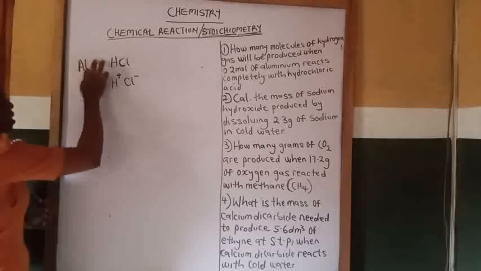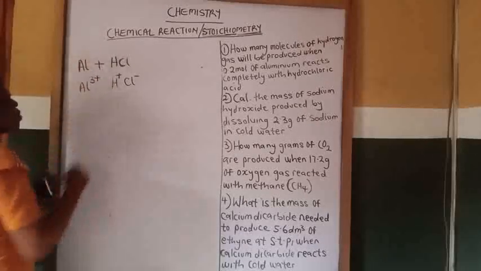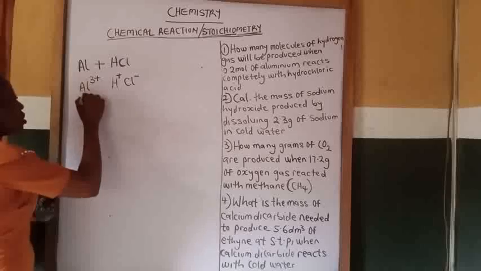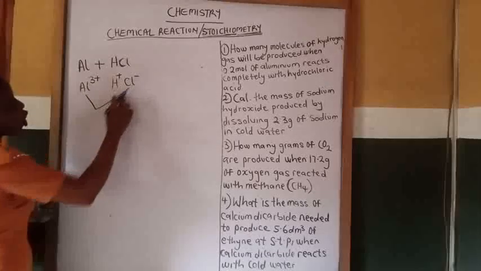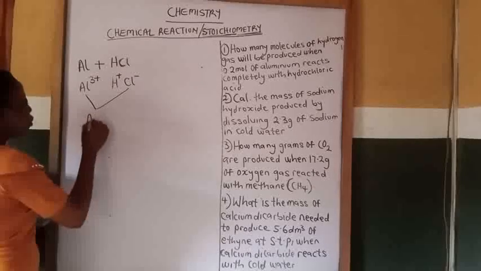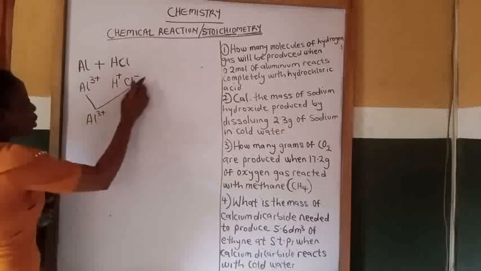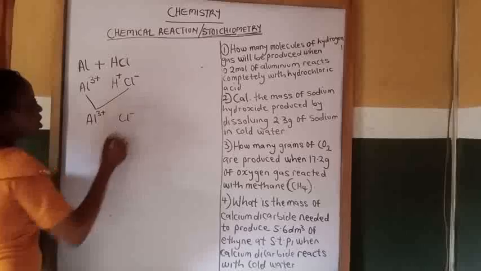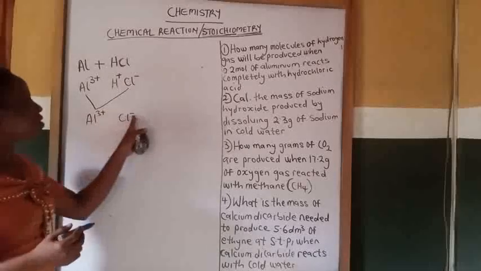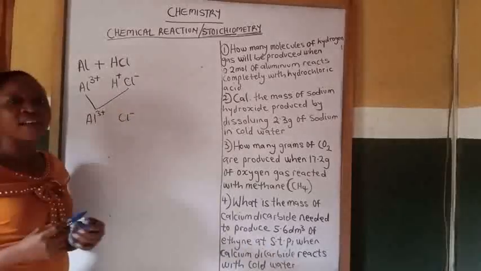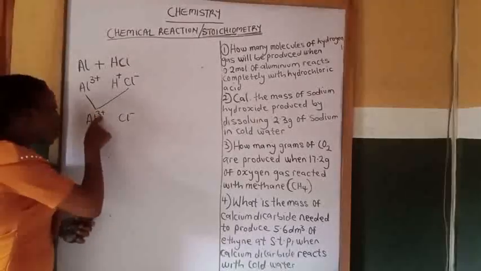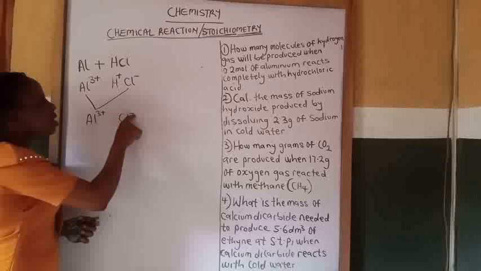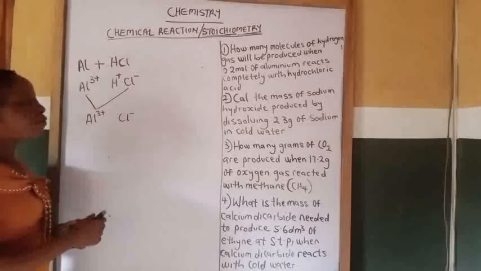Now to form our product, from the first reactant particle you take the positive, then you react it with the negative from the second reactant particle. If you look at it, aluminium is 3 plus, while chlorine is 1 minus. So the two charges must come together and neutralize each other to form a compound. This plus 3 must neutralize the charge on chlorine to form a compound.